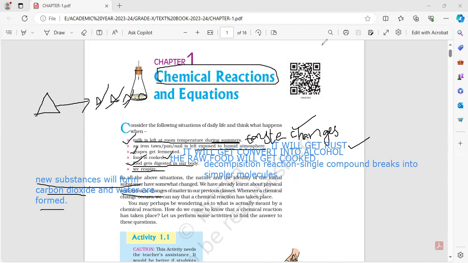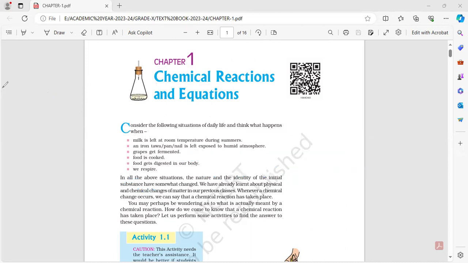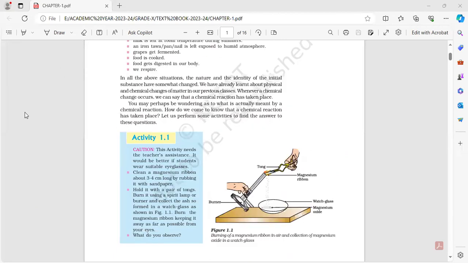Okay, so these are the points that you should remember from this first page. Next one: in all the above situations, the nature and identity of the initial substances have changed. Suppose you take one example, an iron substance. It looks very shiny, right? Before it gets rusted, it looks very shiny.